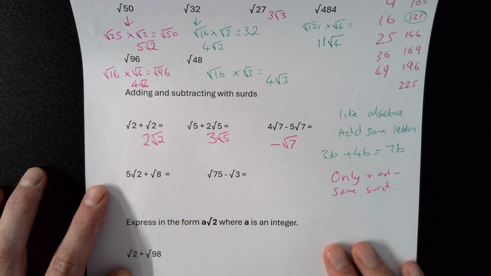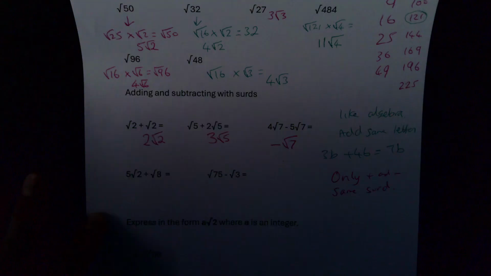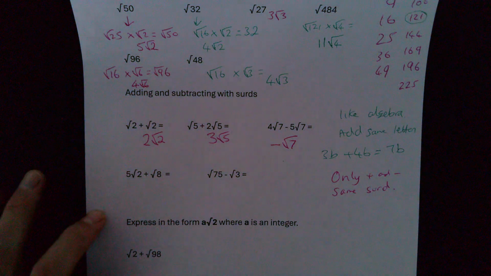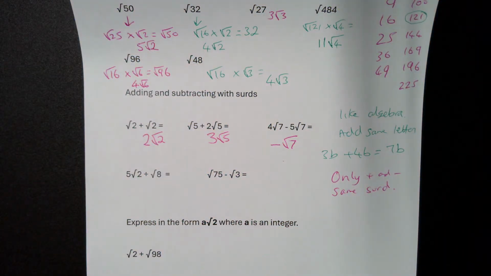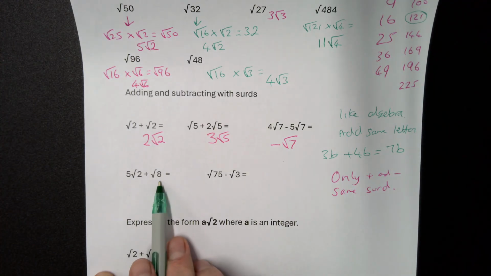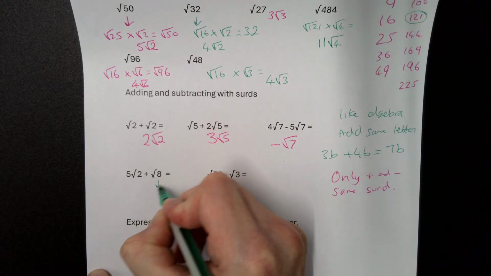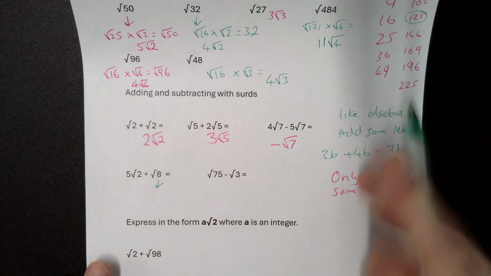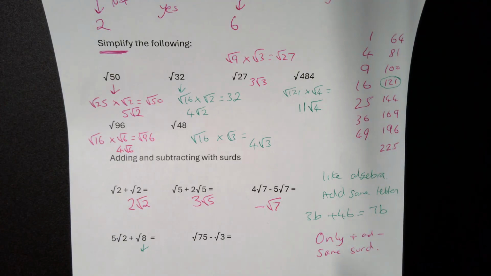Right, the last 3, these are different surds, so we must make them the same. Now this is in root 2, so this must also make root 2. So we're going to simplify this bit first. Now 8, we can see from our list, 4 can fit into 8 twice.